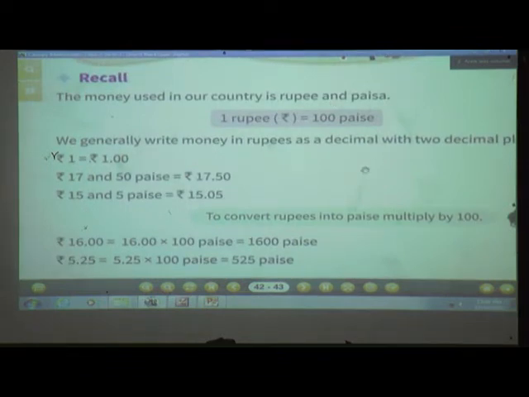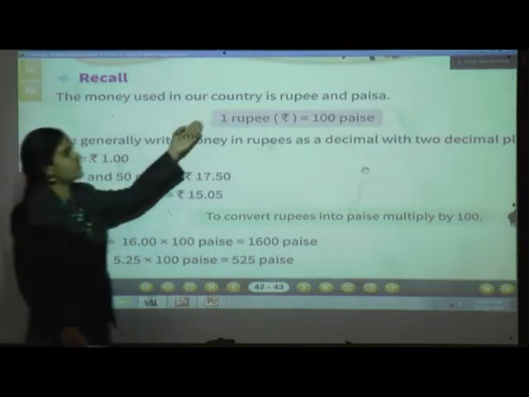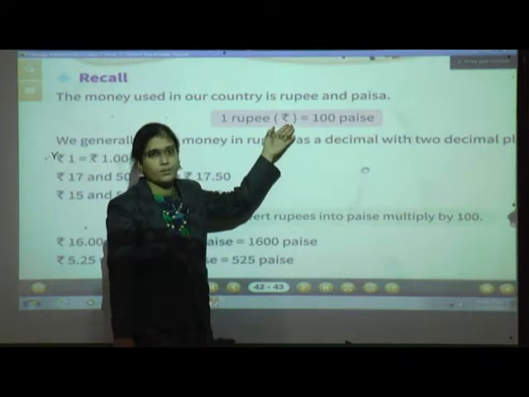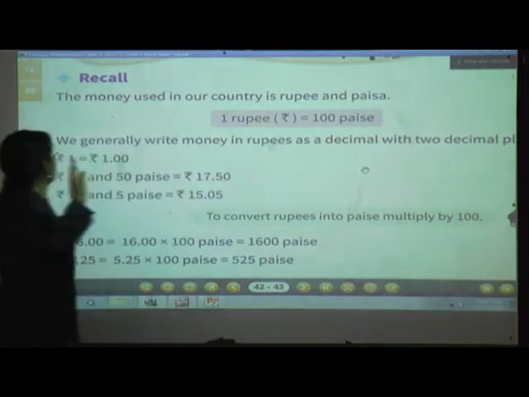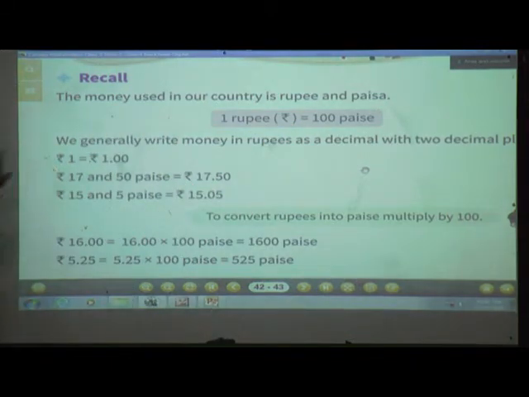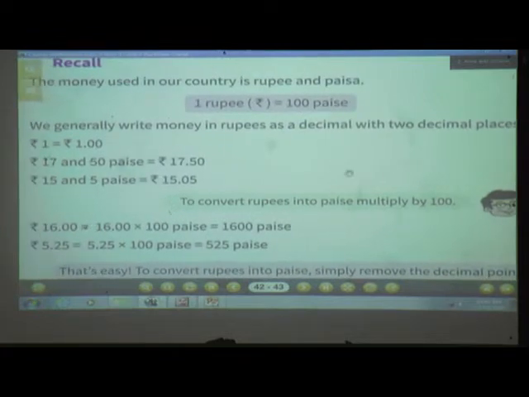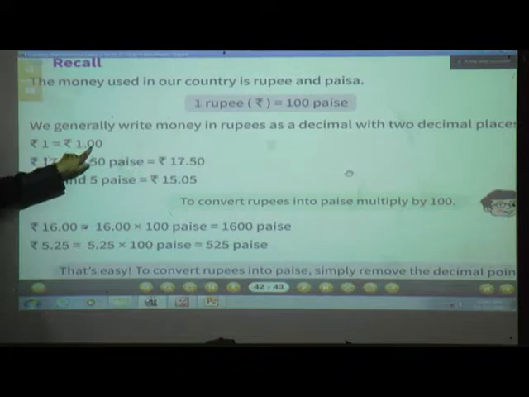Students, just now I told you 1 rupee is equal to 100 paise. This one is the sign of rupees. Okay. Now we generally write money in rupees as a decimal with 2 decimal places. Here rupees 1 is equal to rupees 1.00. Here we use 2 decimal places.